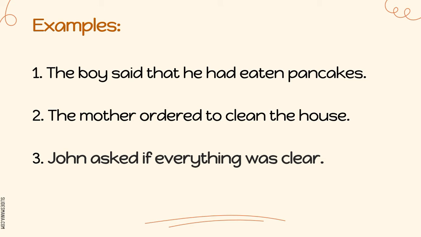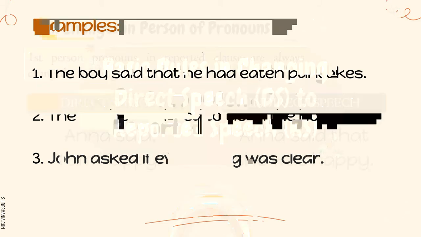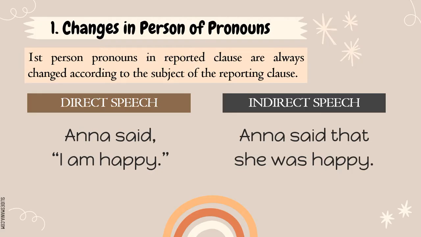Now, the basic rules in changing direct speech to reported speech. Again, direct speech to reported speech. What are these rules? Number one, changes in person of pronouns. First person pronouns in the reported clause are always changed according to the subject of the reporting clause.